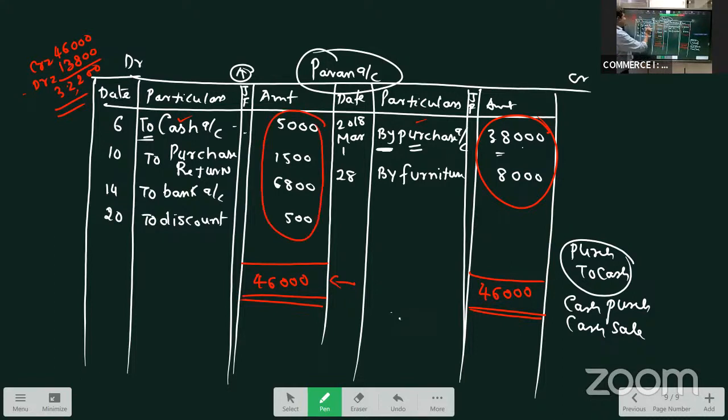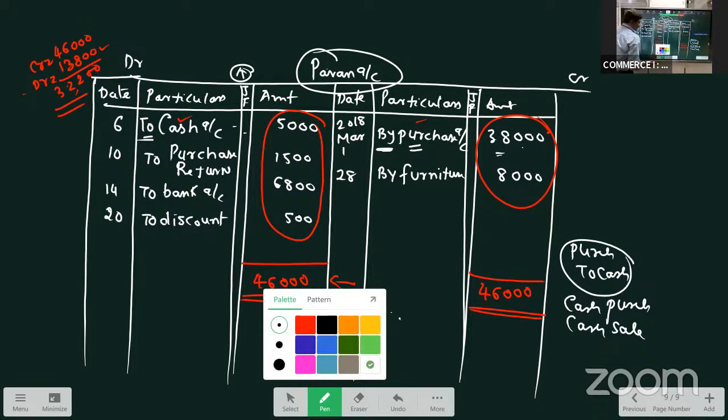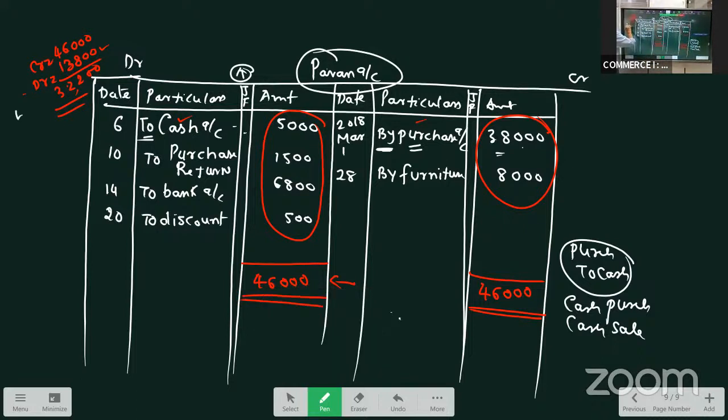The total of debit here we have arrived at 13,800. From the credit side total, deduct debit side total. We arrived at the balancing figure, that is 32,200. That we will write here as to balance carried down.